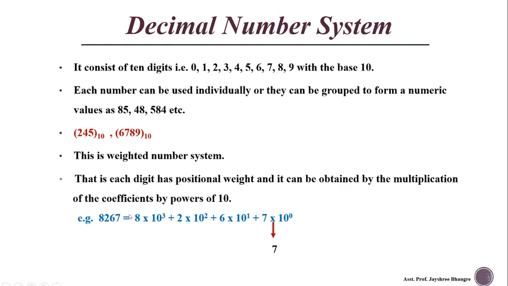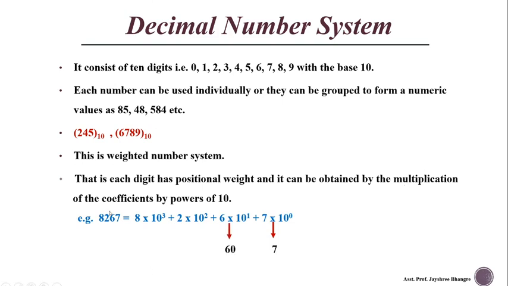Next, the positional weight of 6 is 6 into 10 raised to 1. So we are increasing the powers in a positive direction. The positional weight of 6 is 60.